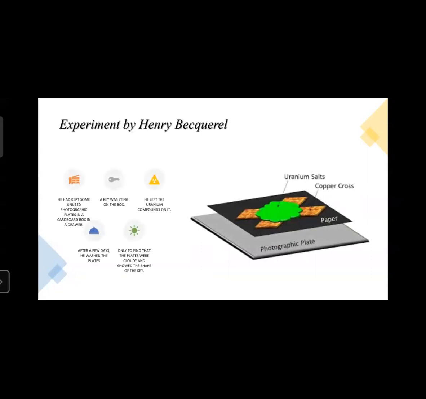In that experiment, he kept some unused photographic plates in a cardboard box in his drawer. He placed a key on that box and left a uranium compound on it, and after a few days he washed the plates, only to find that the plates were cloudy and showed the shape of the key.